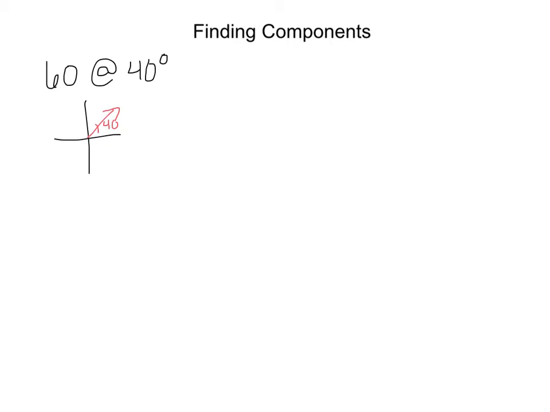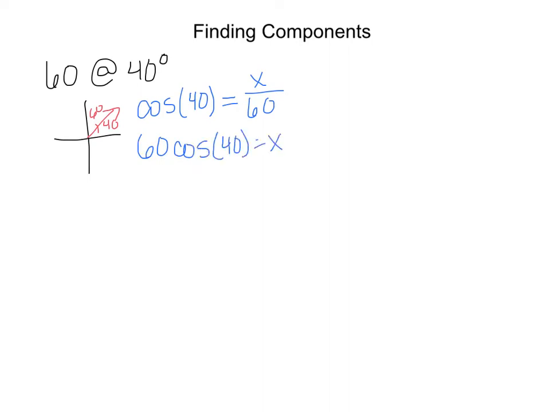So the cosine of 40 equals the adjacent, sorry, we don't know the adjacent, that's the x component we're looking for, over the hypotenuse, which in this case is 60. So we're going to multiply both sides by 60, and we get 60 cosine of 40 equals x.